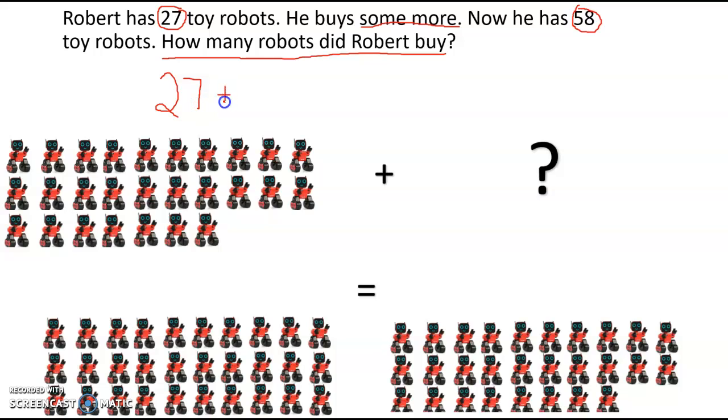We don't know how many he's adding when he goes to the store and buys some more, but we know that he ends with 58. So our equation is 27 plus blank equals 58. Let's try to solve this.